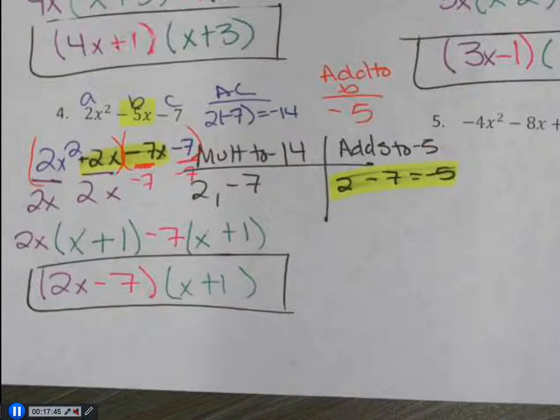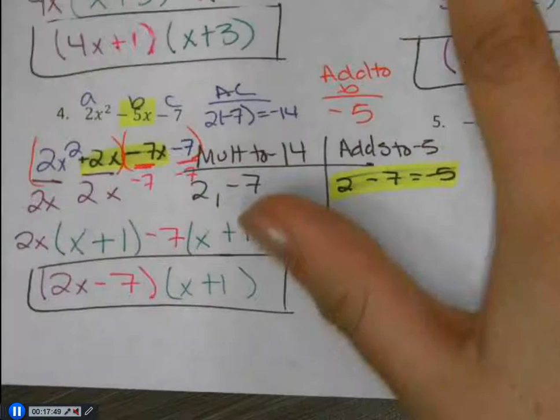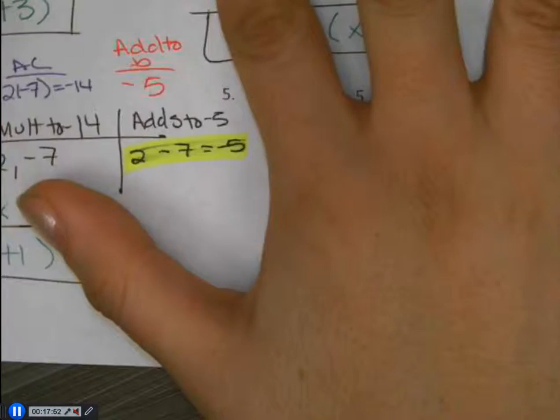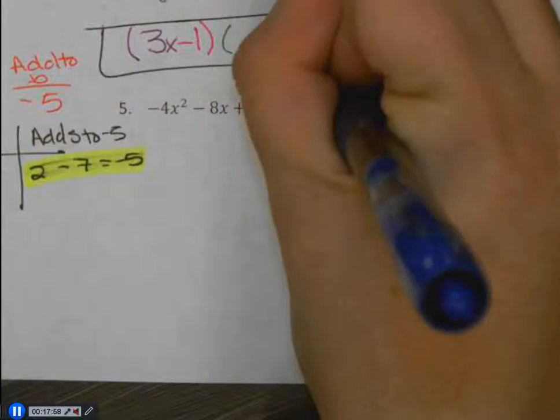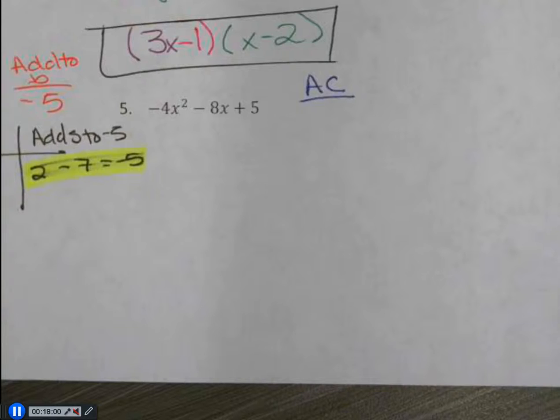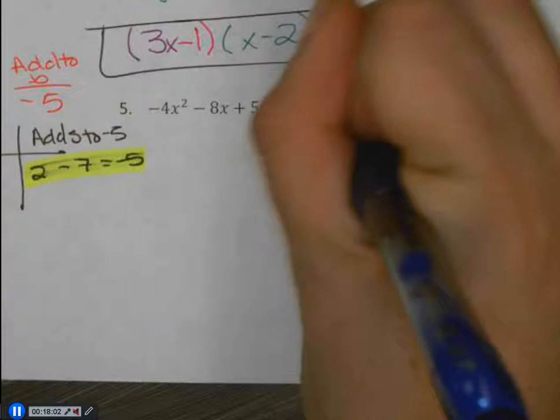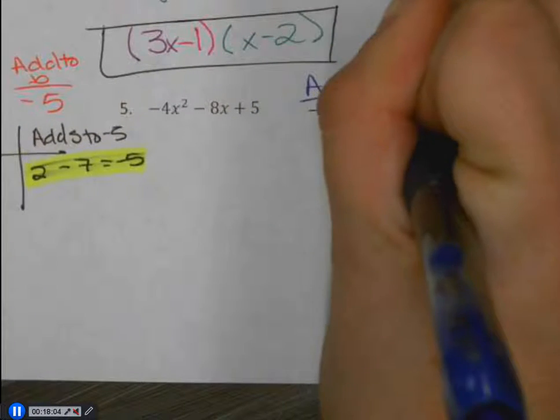Can I move on to number 5, or do you guys still need 4 on the board? Okay. So, first step is what? A and C, so negative 4 times 5. And then what's my B?